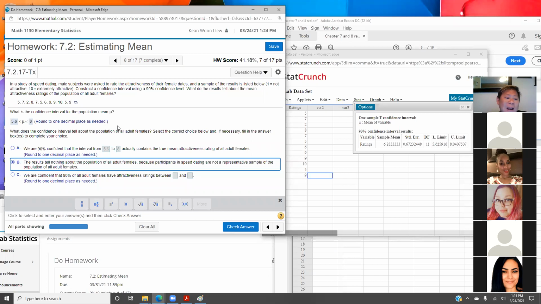Everything that is based on own opinion, we would not try to interpret. Usually the answer is A, but since this is not random, it's going to be B in this case.